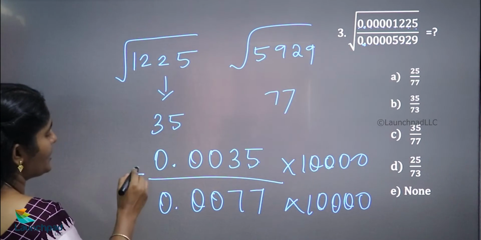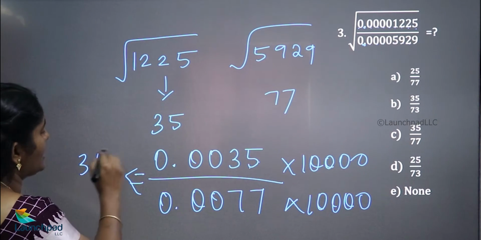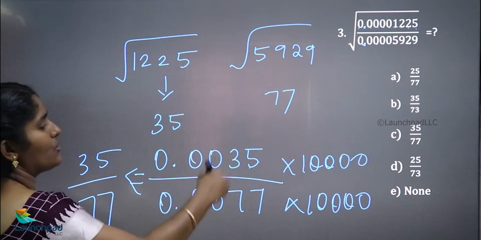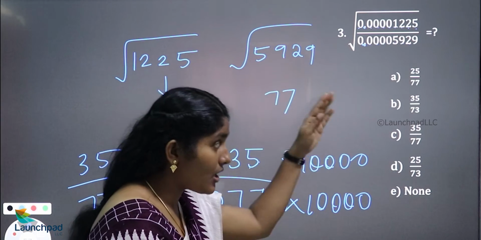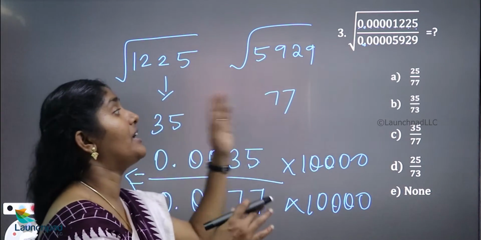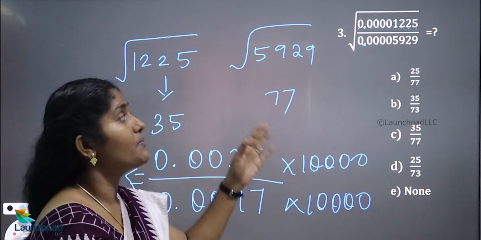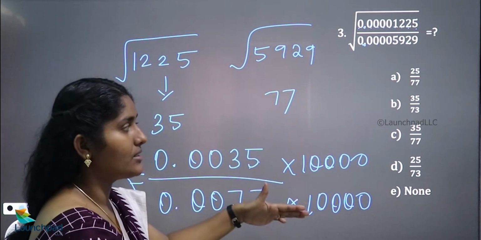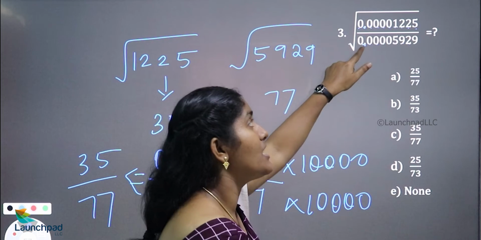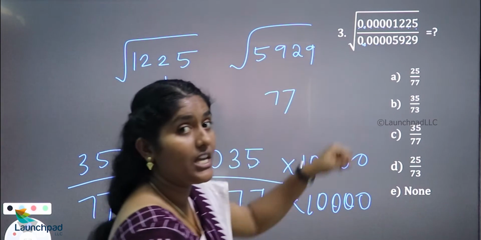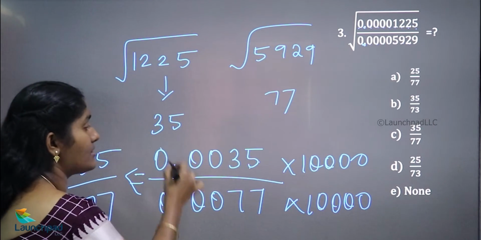So finally we get the answer 35 by 77. The zeros will be cancelled. While observing your options, you can directly take 35 by 77. Since both numerator and denominator are decimal values with equal places, there is no need for the step.